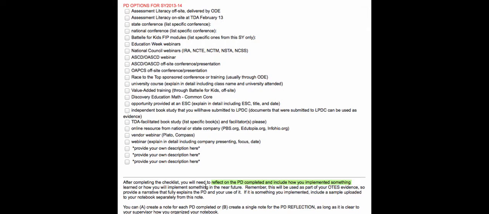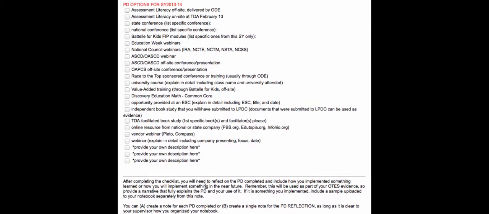Whatever you did, we wanted to give you the opportunity to collect the evidence in a single place that would be easy to share with your supervisor.